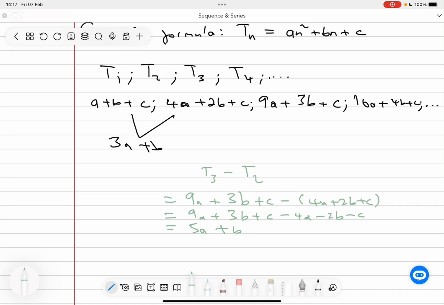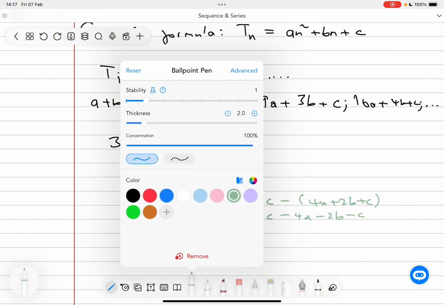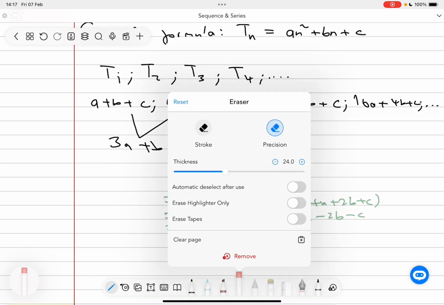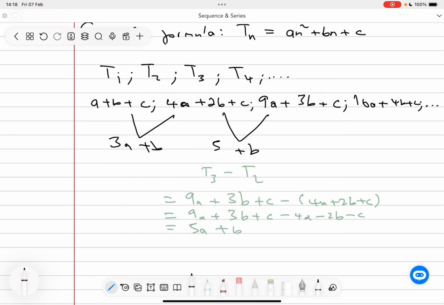And then the c and negative c, there will be a 0. So I'm going to have a plus 0 here, which we don't write. It will be an invisible 0 there. That means the difference between T3 and T2 is going to be 5a plus b.